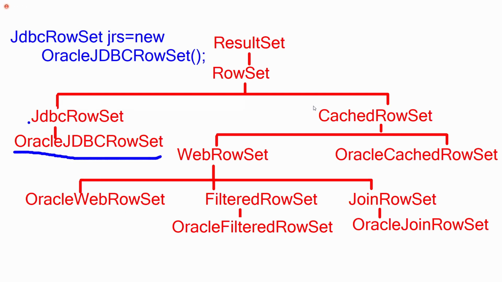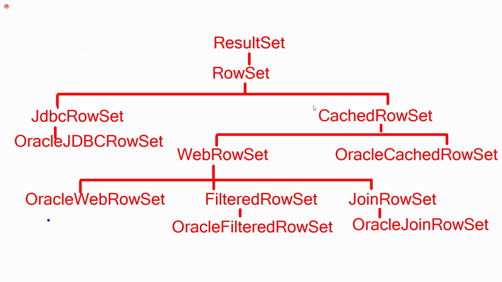This object is assigned to JdbcRowSet. How is it valid? It is called upcasting. So upcasting is always valid. Upcasting is done by the system implicitly. Upcasting is always valid. If you want to do downcasting, upcasting is required as well as explicit type conversion.